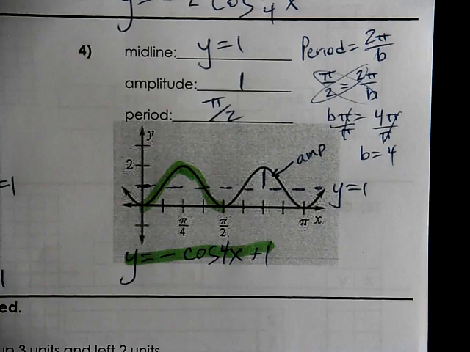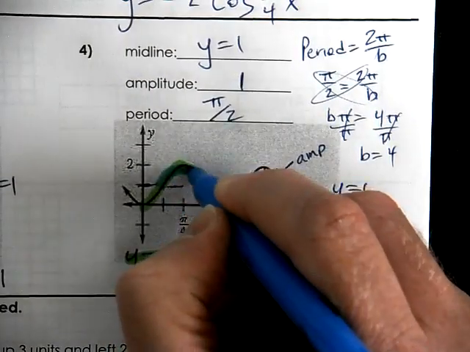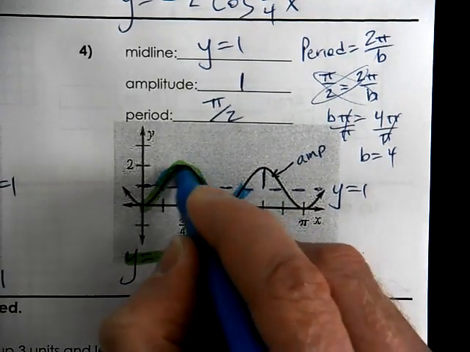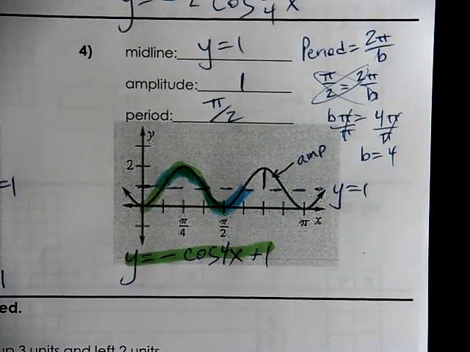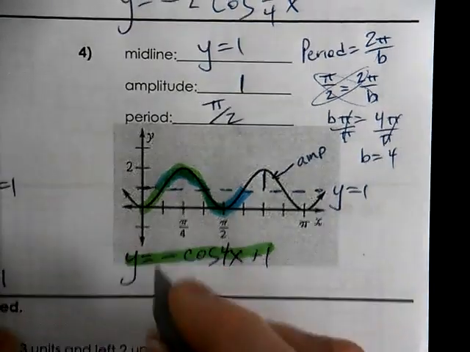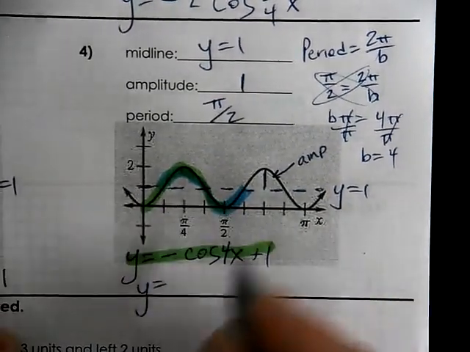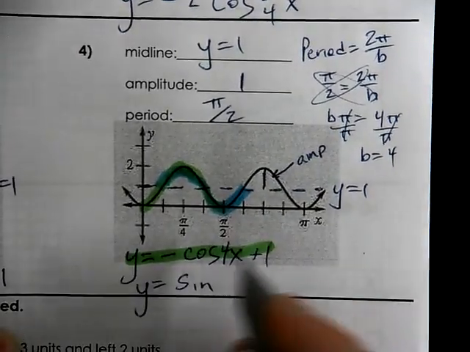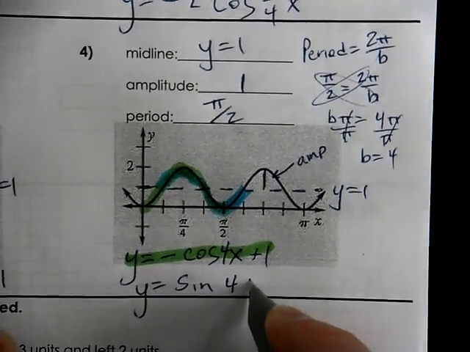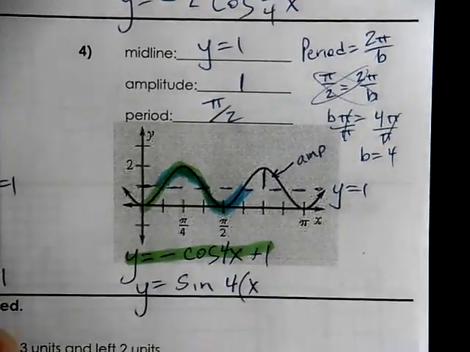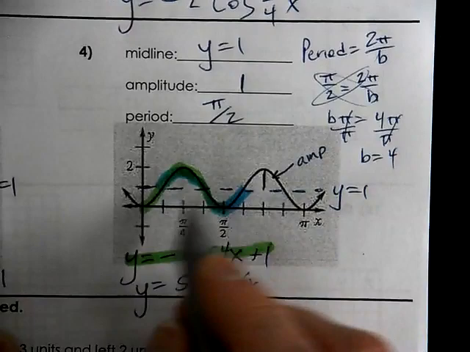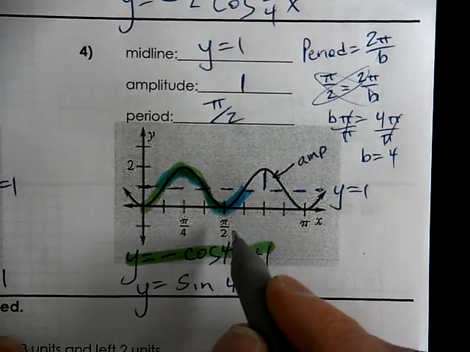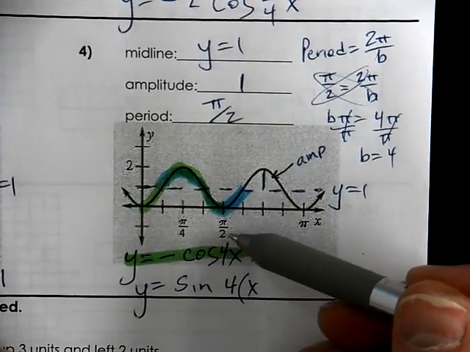If you wanted to get interesting, you could focus on this as your graph. A little hard to see that. But that would be a sine graph that is not negative. It would still have the same amplitude, but it was translated to the right, and that would be pi over 2.